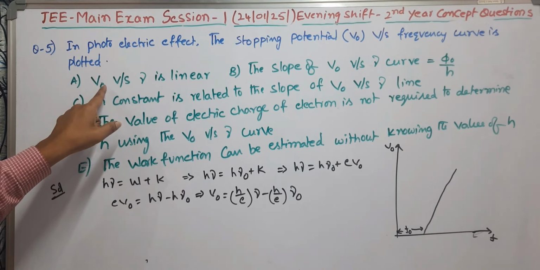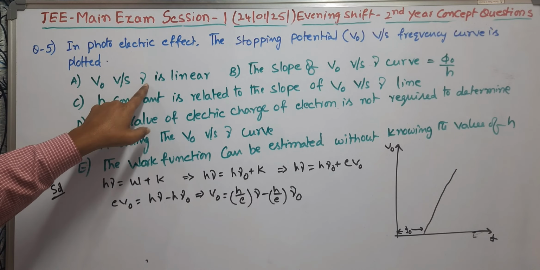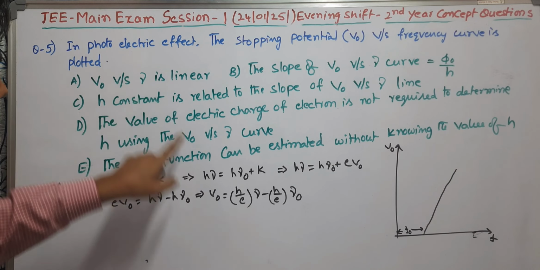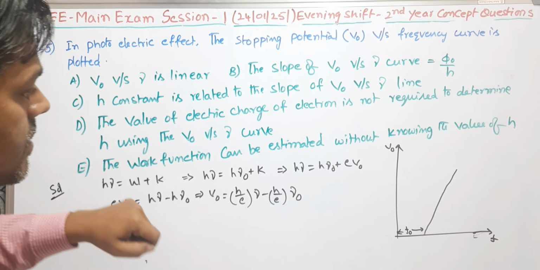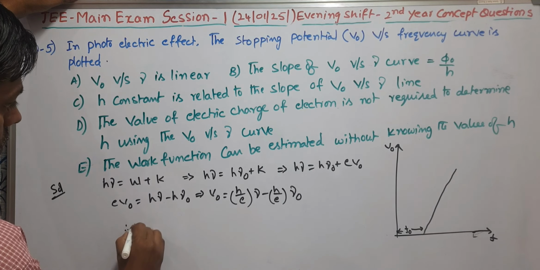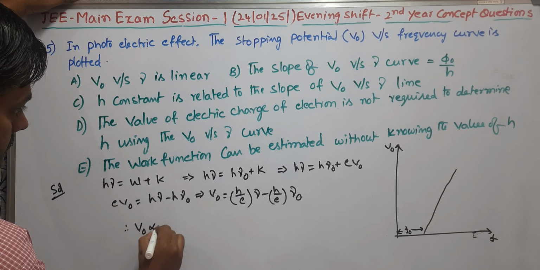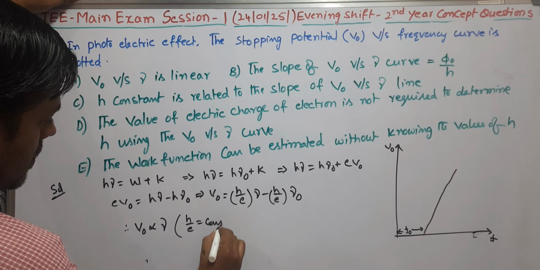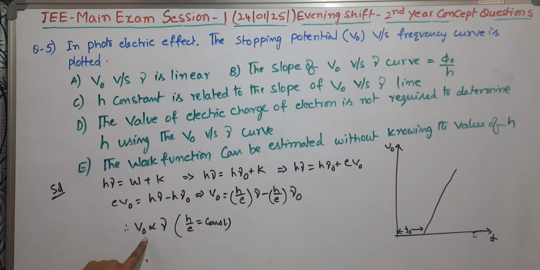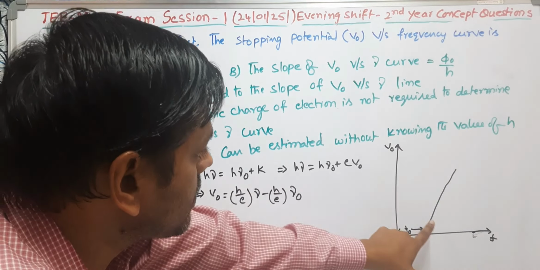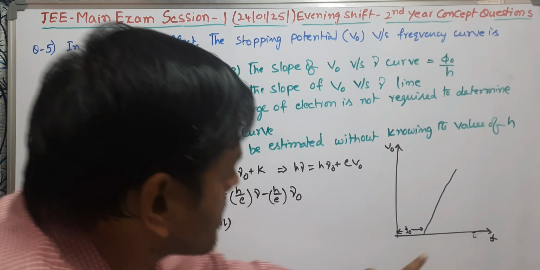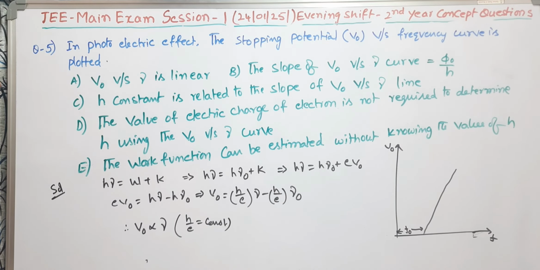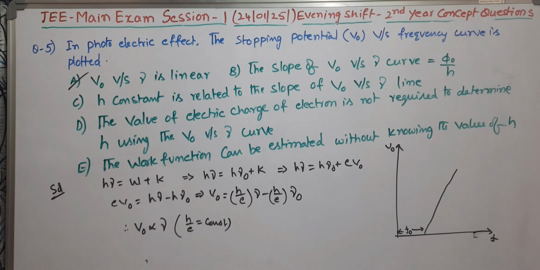So, when you draw a plot between stopping potential and frequency, what is the relation? Here h by e is a constant, therefore, stopping potential is directly proportional to nu, because h by e is constant. So, the stopping potential and frequency relation is linear. So, the first option is correct.